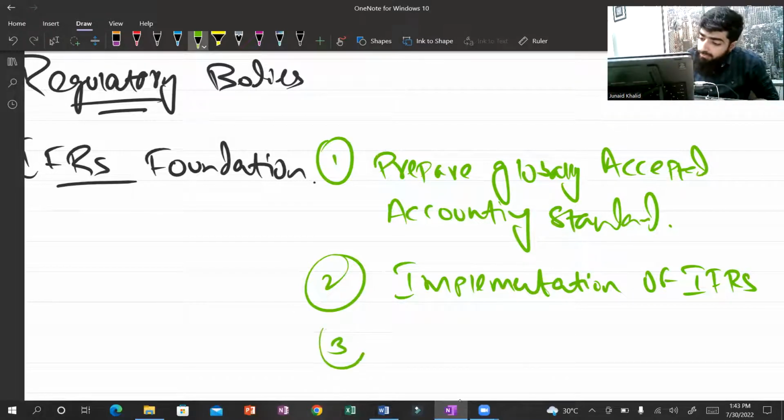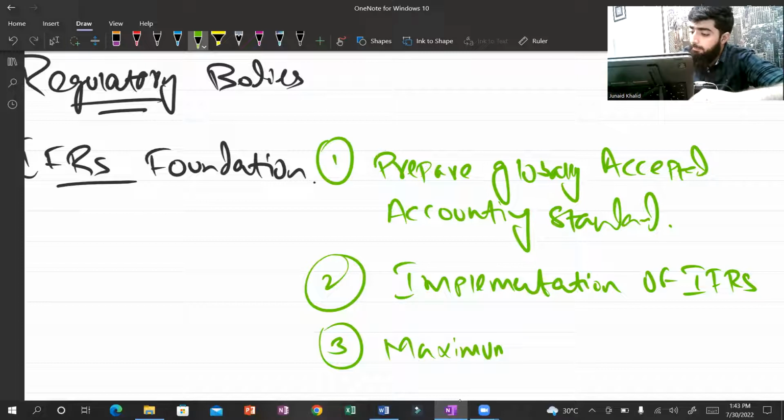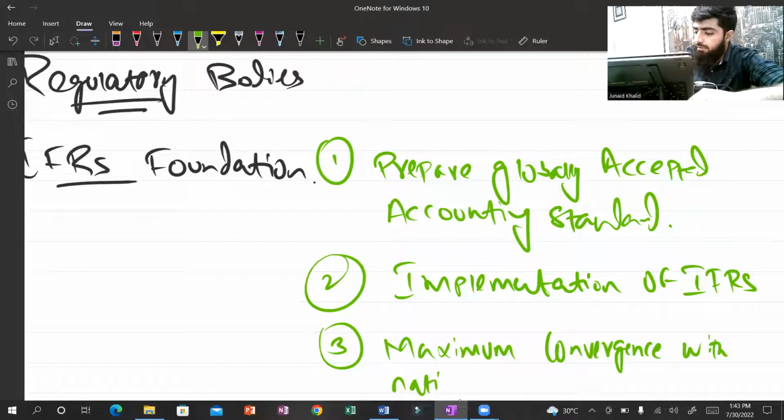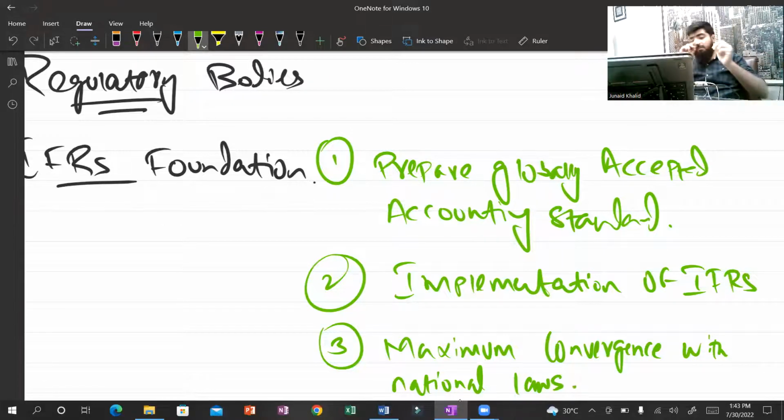And the third objective of IFRS Foundation, and it was a major objective and one of the most difficult objectives, that is the maximum convergence with national laws. Maximum convergence means it should be maximum integrated, maximum connected with the national laws.